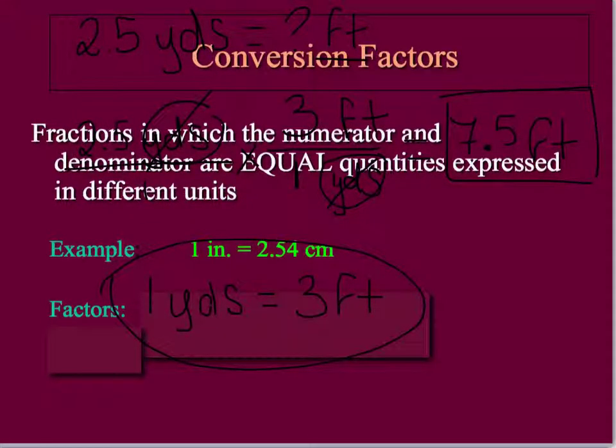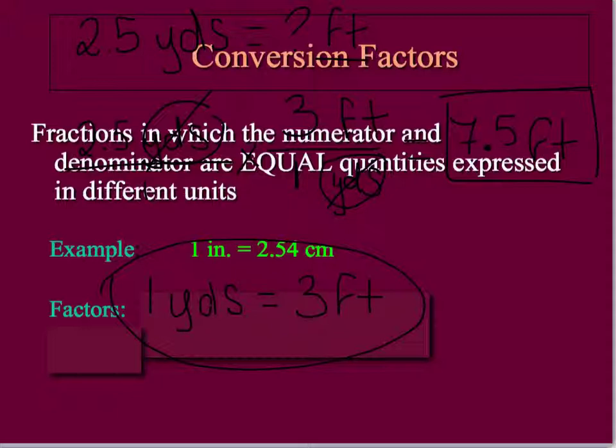The first thing you have to know about dimensional analysis is how to make conversion factors. Conversion factors are basically just fractions in which the numerator and the denominator are equal quantities, but they're expressed in different units. So for example, 1 inch is equal to 2.54 centimeters. If I said something was an inch tall, it's also 2.54 centimeters tall because that's the conversion factor between inches and centimeters.